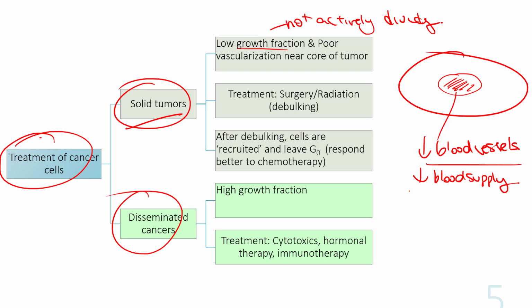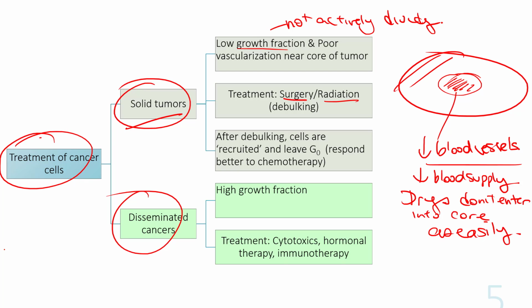And so it means that drugs don't enter into the core as easily. And if they can't enter into the core of the solid tumor as easily, they can't actually wipe it out, right? So the treatment options for solid tumors is usually surgery followed by radiation, and that basically cuts out the bulk of it.